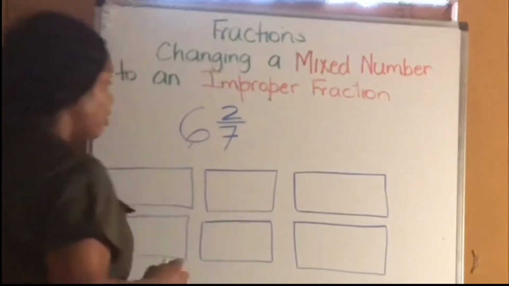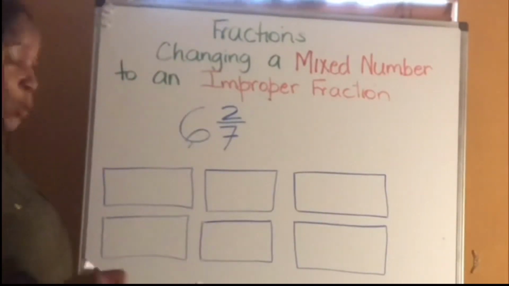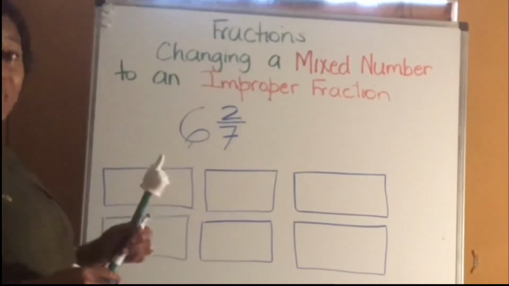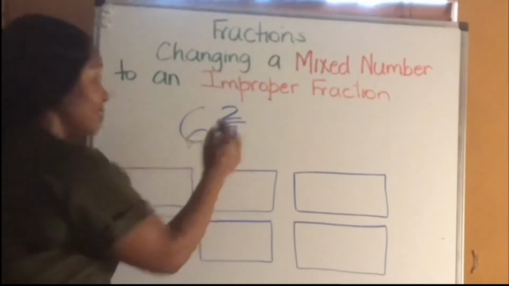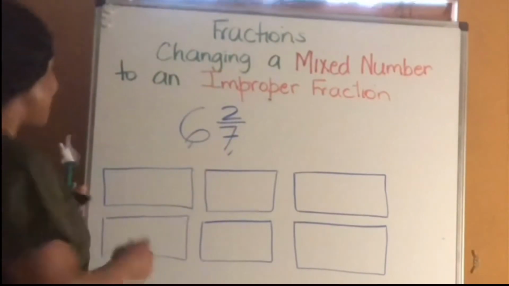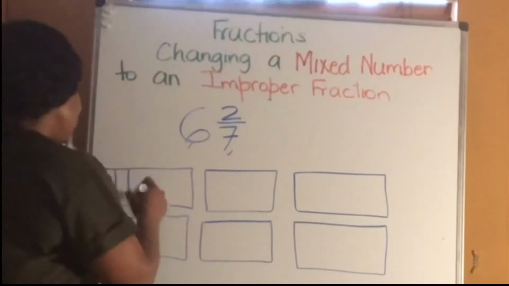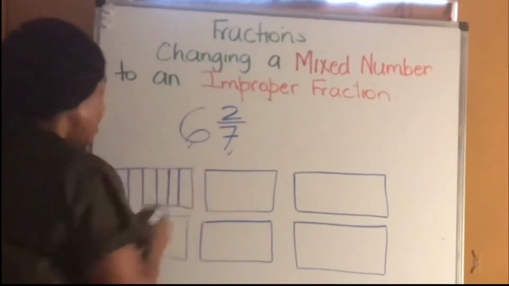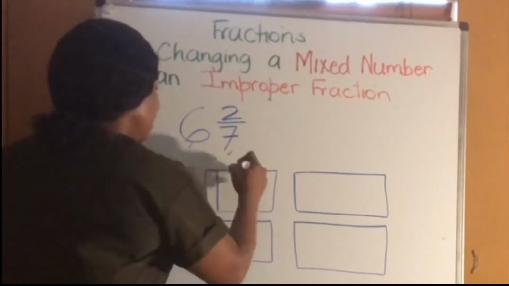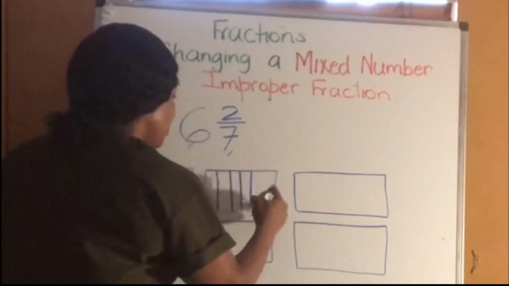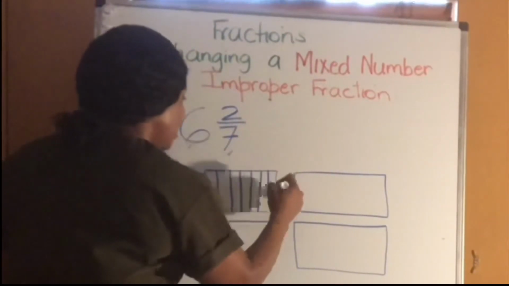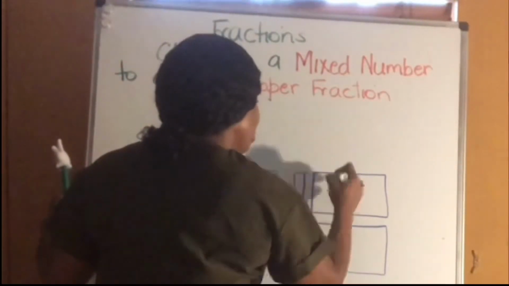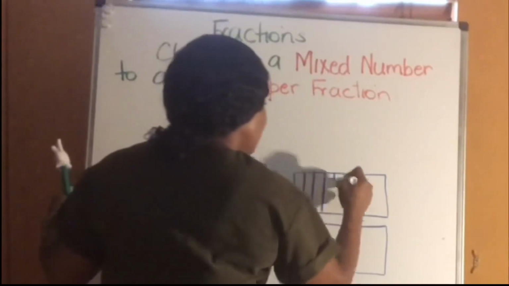All right, so here I have my 6 wholes, and each whole needs to be divided into how many parts? 7 parts, because the denominator is 7. So 1, 2, 3, 4, 5, 6, 7. Remember, it's not going to be perfect because I'm drawing them.